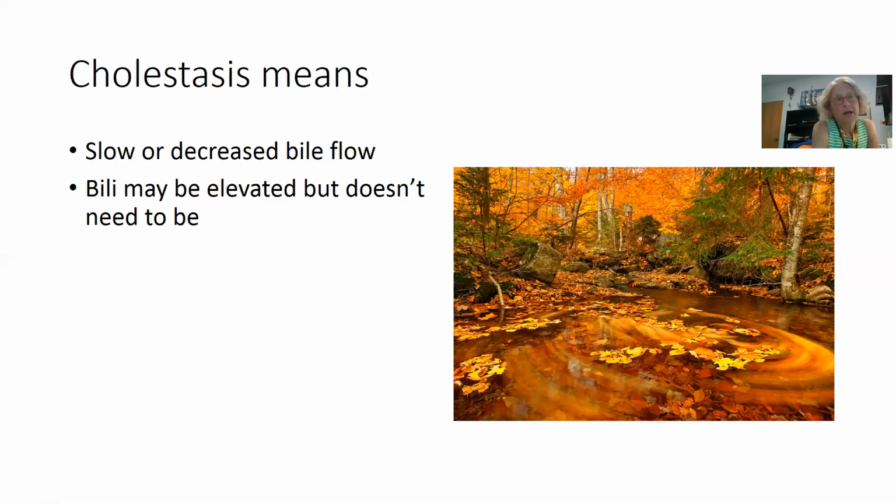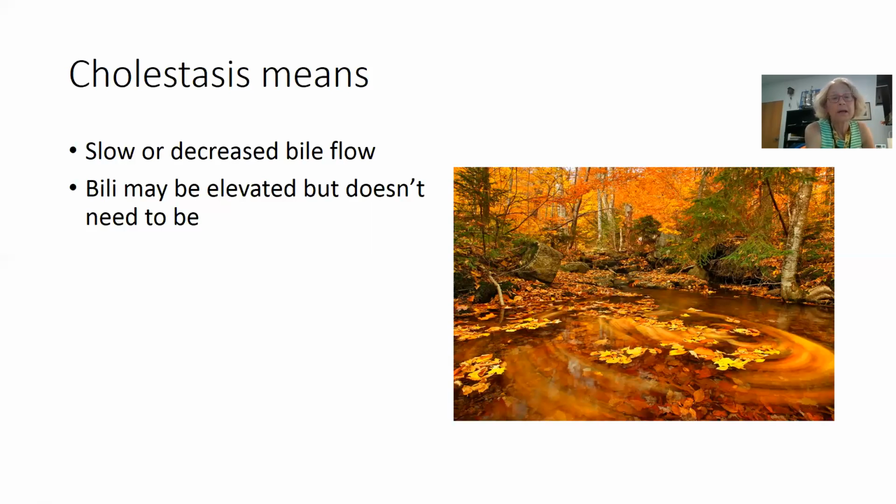Think about it this way. If you had a stream with water in it, the water is the bile flow. And bilirubin is just the leaves that fall off the trees on top of it. And if you have a lot of water, you may not see all that many leaves.